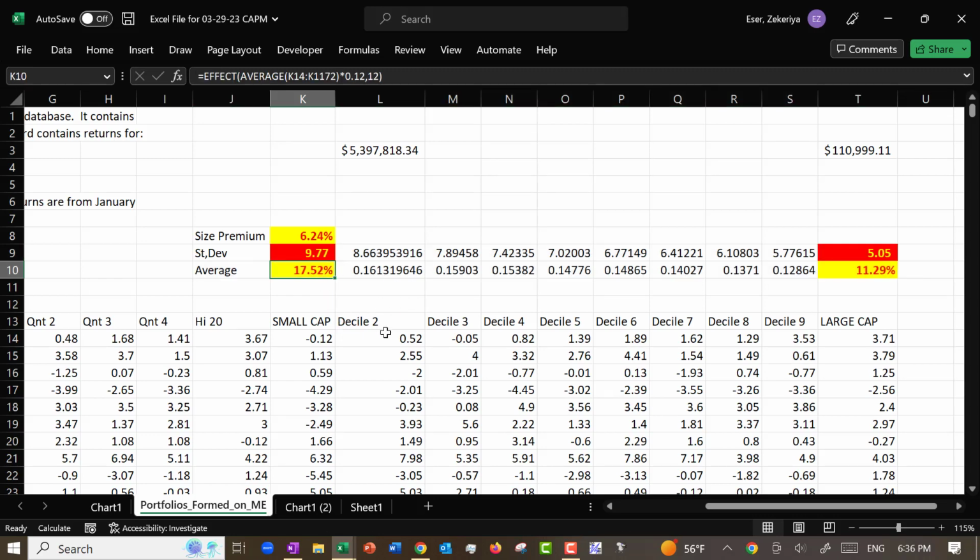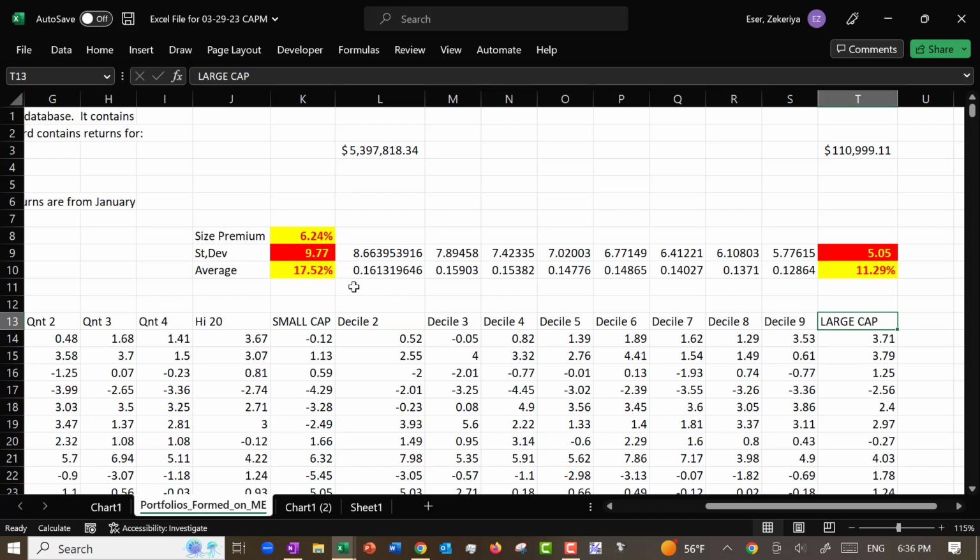This is an exercise where June of every year since 1926, you sort the existing stocks based on their market cap. You put the smallest 10% in the small cap portfolio, the next 10% in decile 2, and finally the largest 10% in large cap.